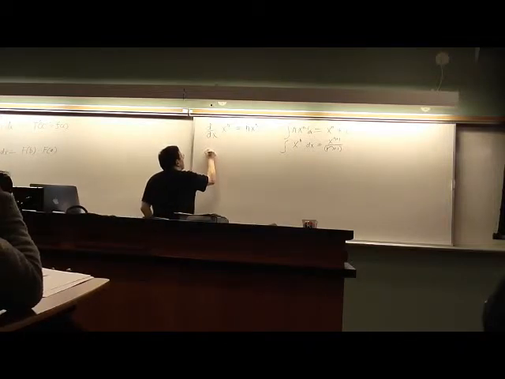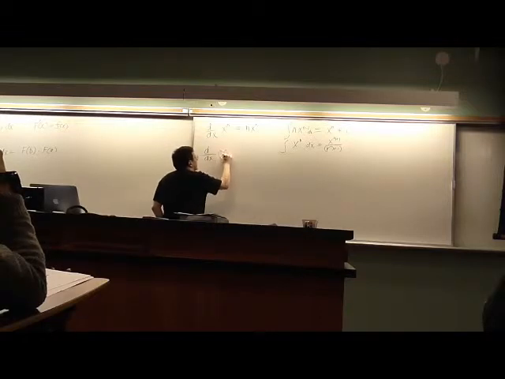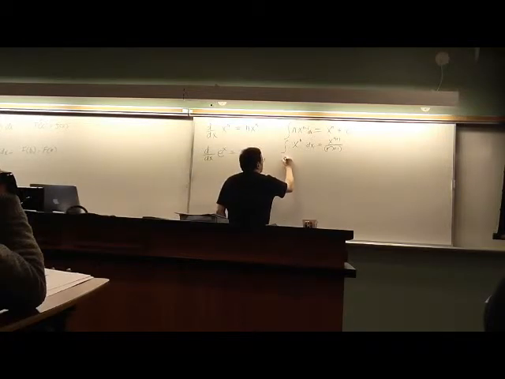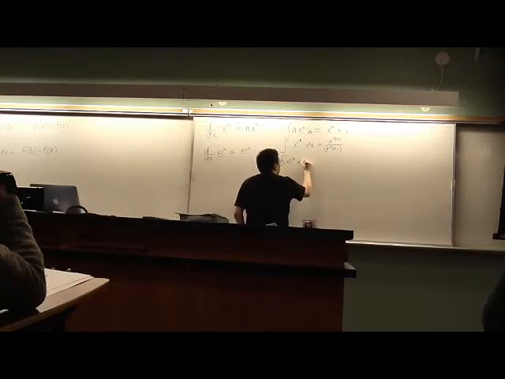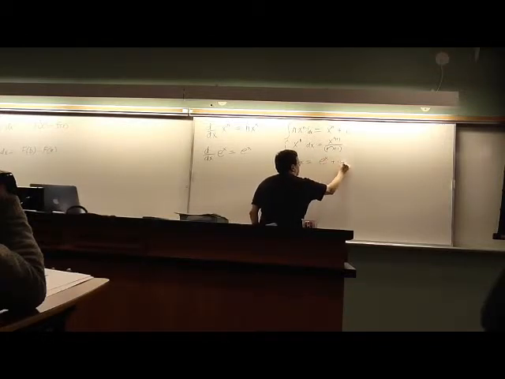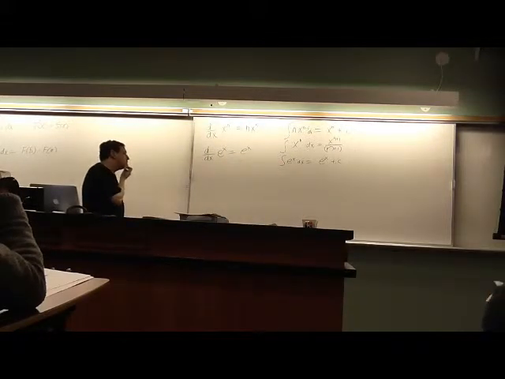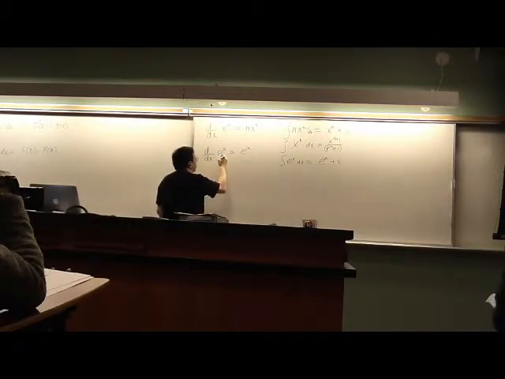The derivative of e to the x is e to the x. So the integral of e to the x dx must be e to the x plus c. Now, we can get a little fancier here. What's the derivative of e to the ax?